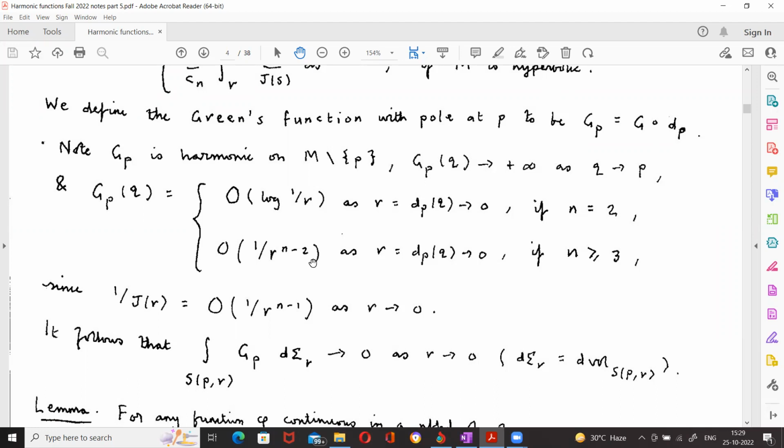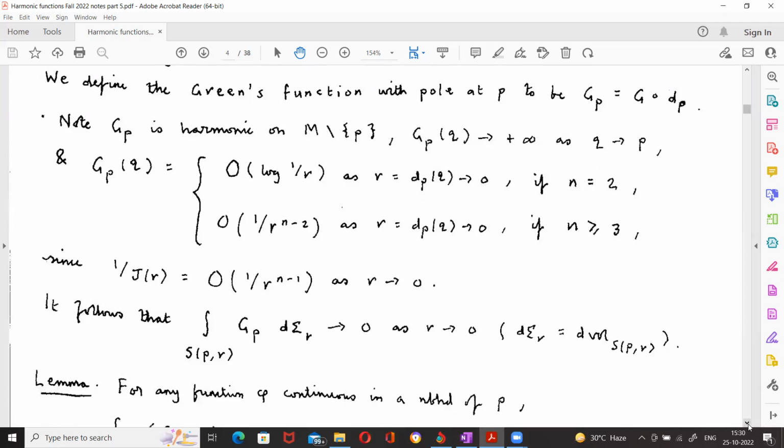So you get a constant times R, so that goes to 0. And if it's log 1 over R, then that's even smaller. So log 1 over R times R to the n minus 1 also goes to 0, right? So this integral of the Green's function over a geodesic sphere of radius R goes to 0.